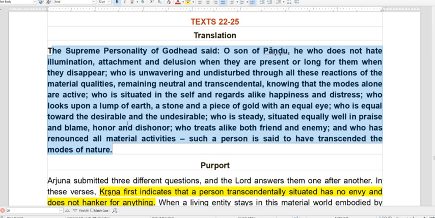Such a person is said to have transcended the modes of nature.